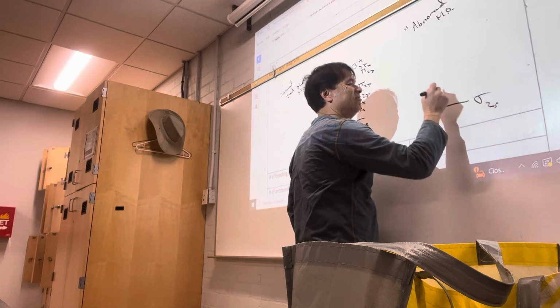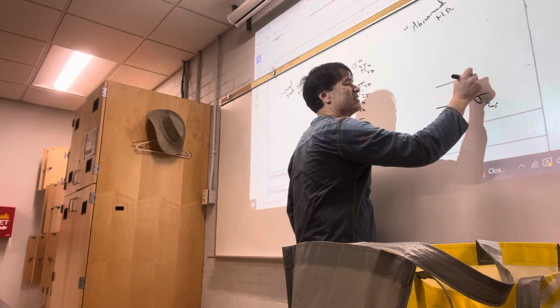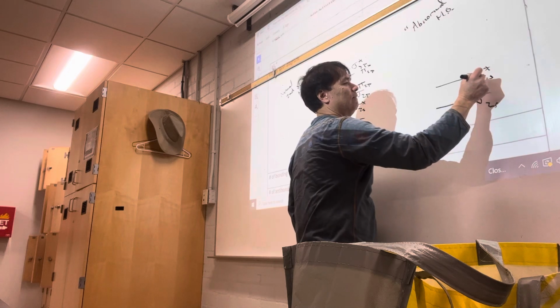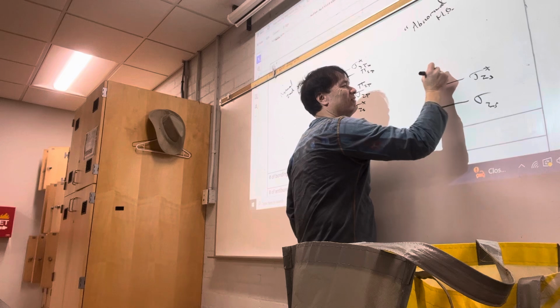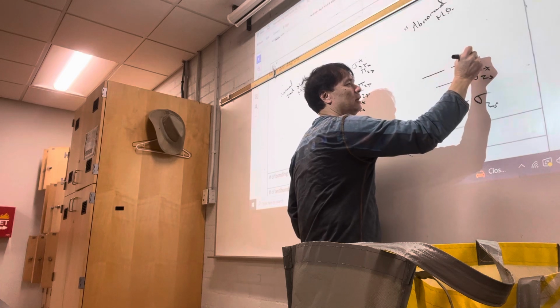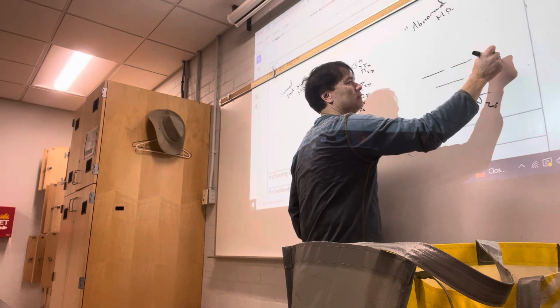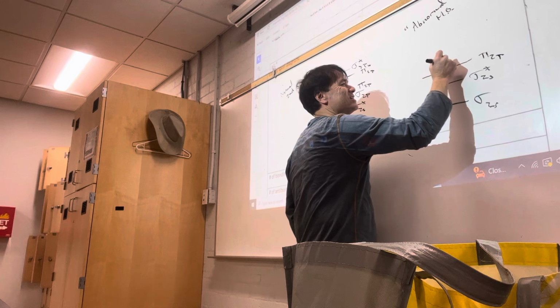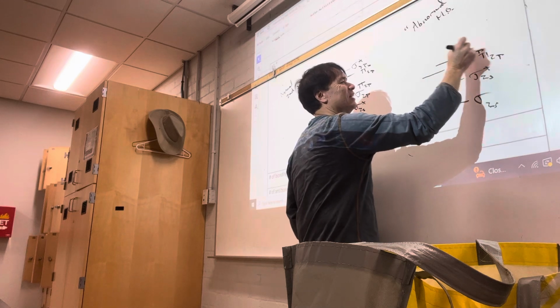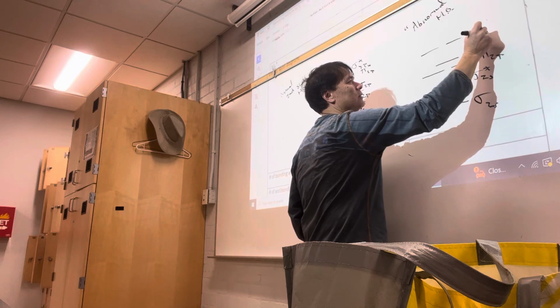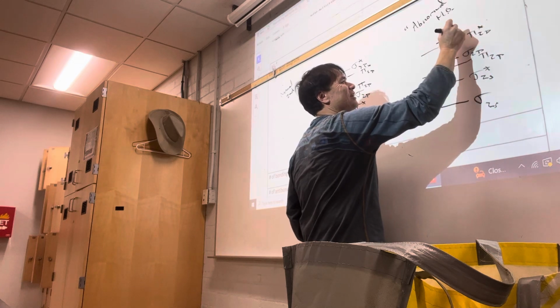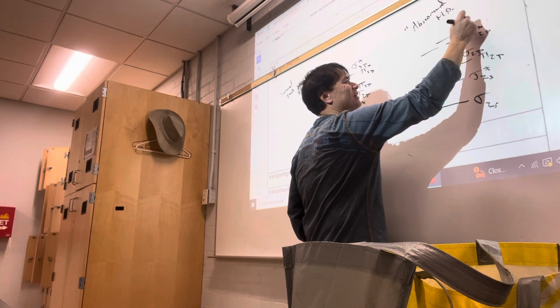And then sigma star 2s. But the abnormal part comes here. Rather than sigma 2p, we see the pi 2p's. And then the sigma 2p comes next. And then it goes back to normal with the pi star 2p's. And then the sigma star 2p.